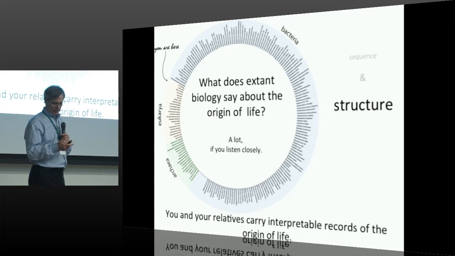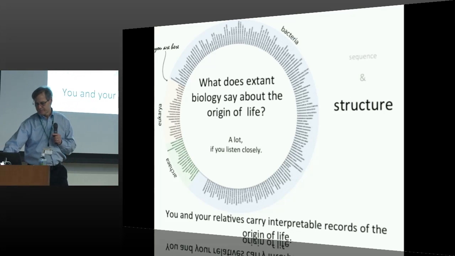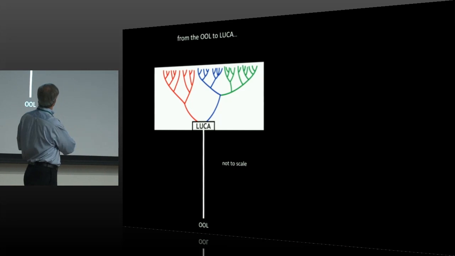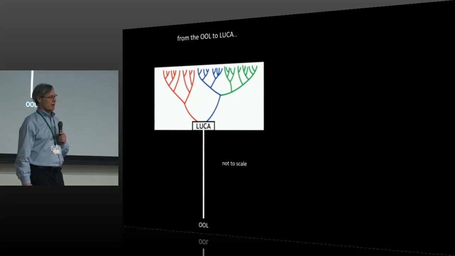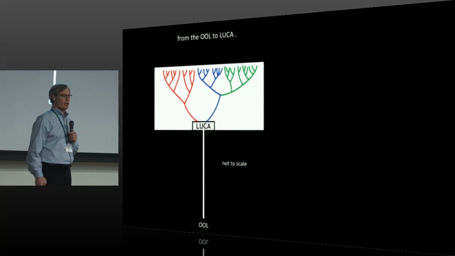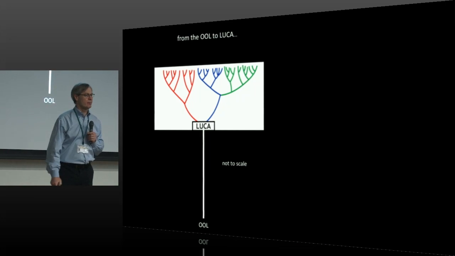Okay, so this is basically what we're after. This is the tree of life. We're interested in LUCA, and what was LUCA? And then where did LUCA come from? Basically, this is the process, and we're focused on the translation system.